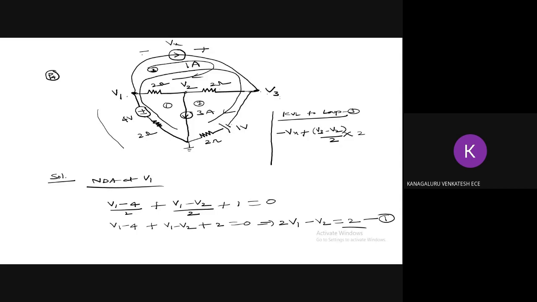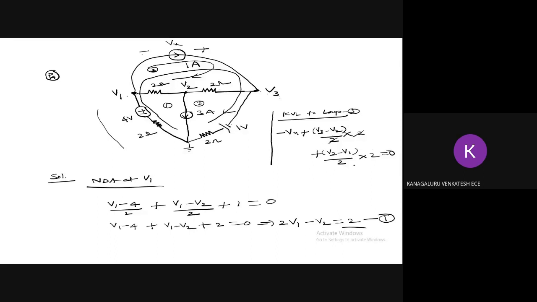Similarly, what is the current through this 2 ohms? V2 minus V1 by 2. So V2 minus V1 by 2, resistance value is 2, equal to 0. So what do you get finally?